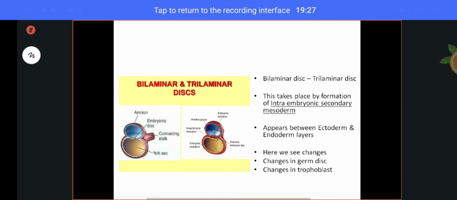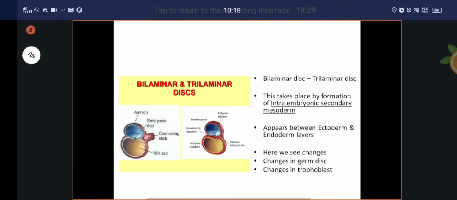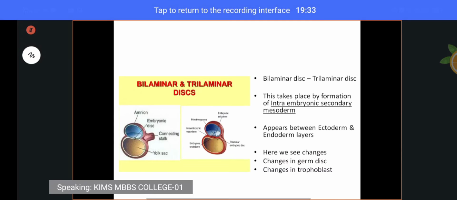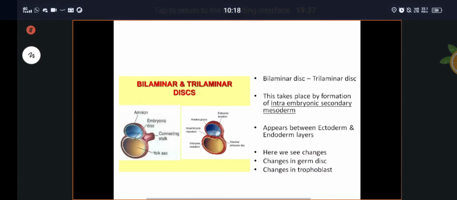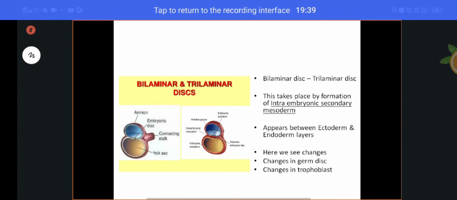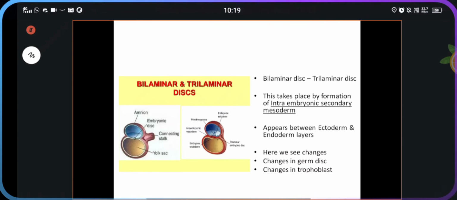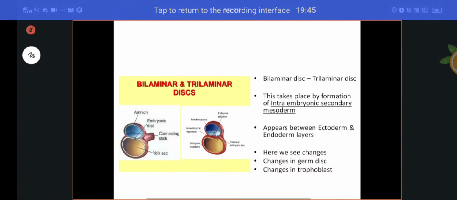Heuser's membrane develops. Later, the extraembryonic mesoderm develops, and a cavity called extraembryonic coelom appears in it, and the outer parietal layer and inner visceral layer develop. Next, the 2 layers called chorion and amnion develop. All these things we have seen in the 2nd week of development.